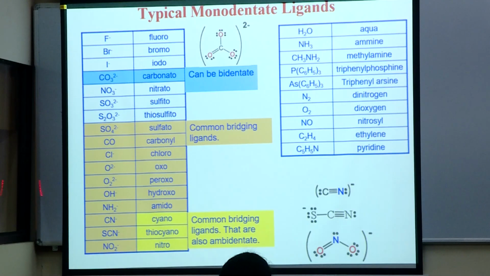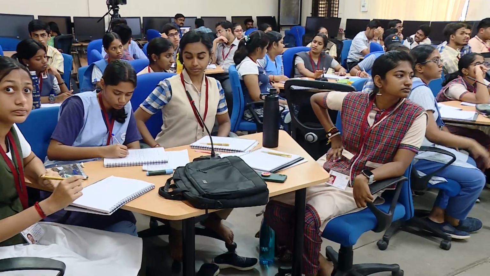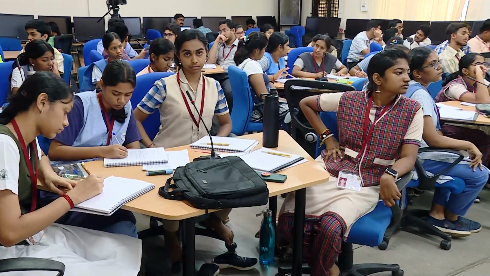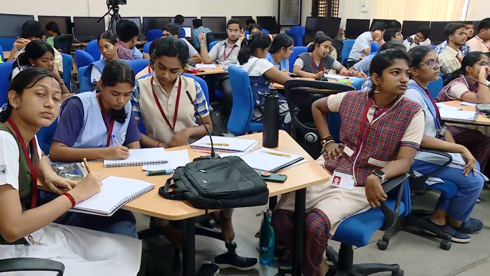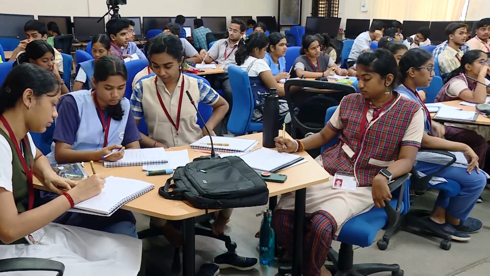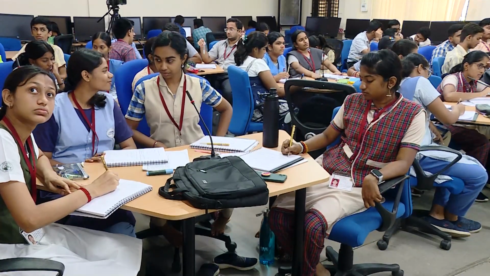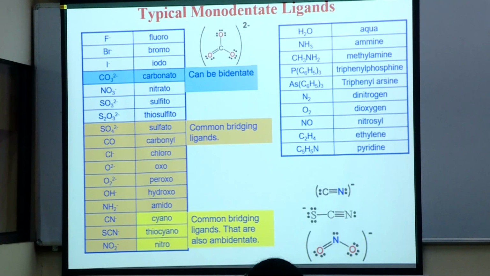These are all various different kinds of simple inorganic molecules, but organic ones are also possible. I have given you ethylenediamine, but you can have EDTA, for example, which is something similar to this. EDTA is ethylenediaminetetraacetic acid.